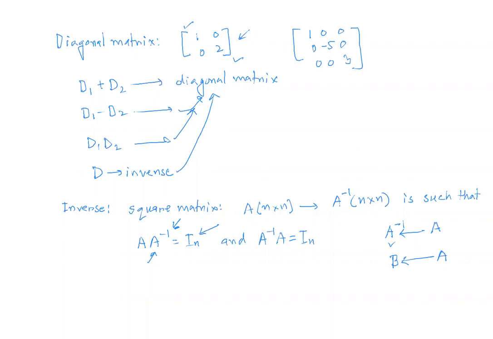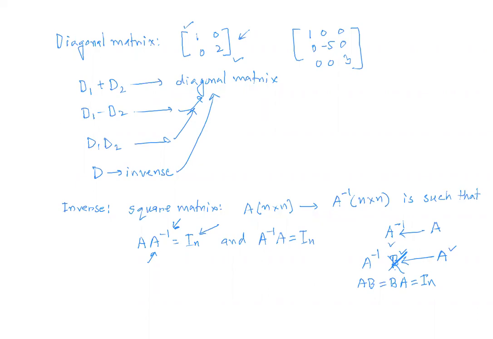Let's say you have two square matrices, A and B. They have this property: A times B is equal to B times A, which is equal to the identity matrix. Then A and B are inverses of each other. So instead of writing B, we just write A inverse. That's just the convention that everybody follows.